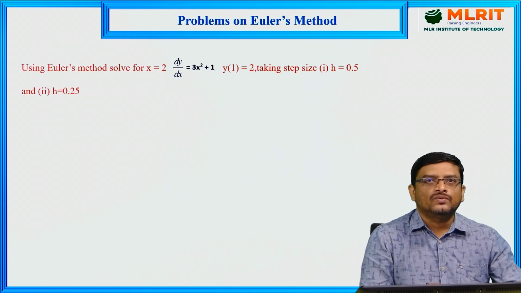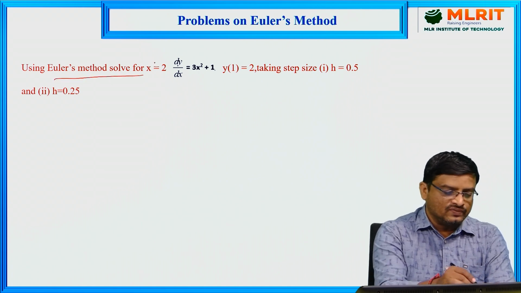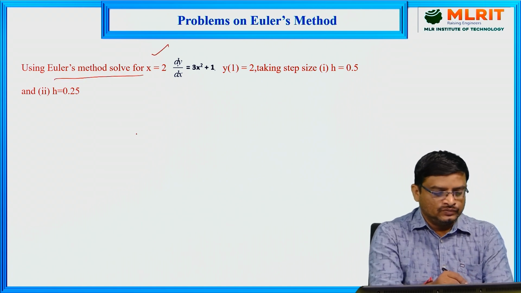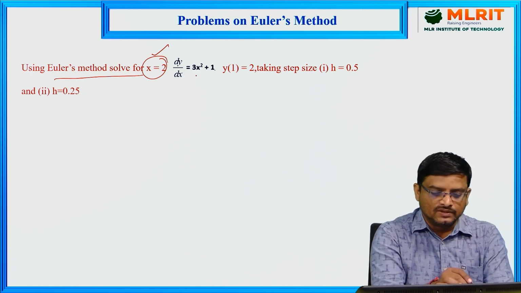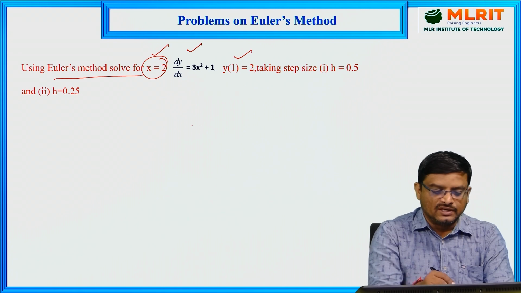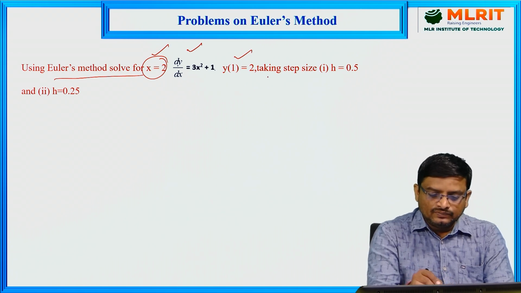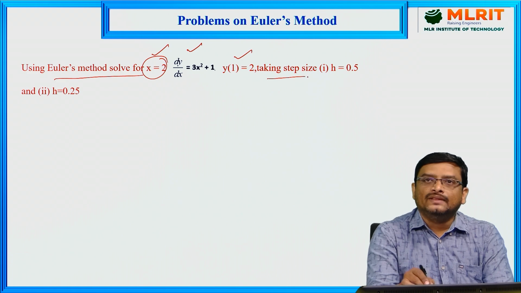Now let us take one example of how to use this Euler's formula to find the solution. Using Euler's method, solve for x is equal to 2. So at x is equal to 2, we have to solve this differential equation. This is our differential equation and this is our initial condition. And we take the step size, or step length, represented with h.